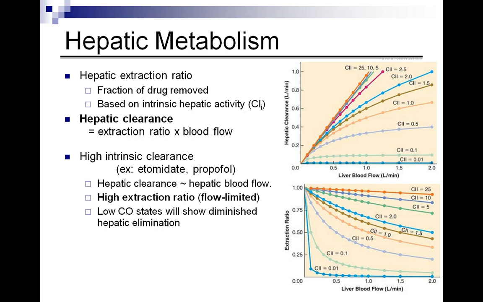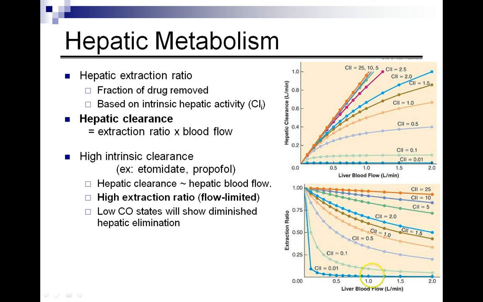Drugs with high intrinsic clearance, like etomidate or propofol, basically their hepatic clearance is directly related to their hepatic blood flow. And these are drugs that have a high extraction ratio. And only when cardiac output decreases will we start to see diminished hepatic elimination.